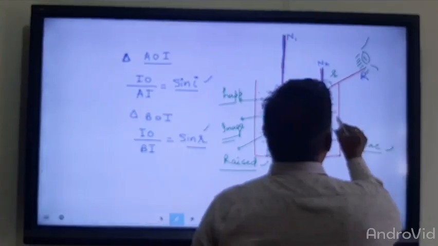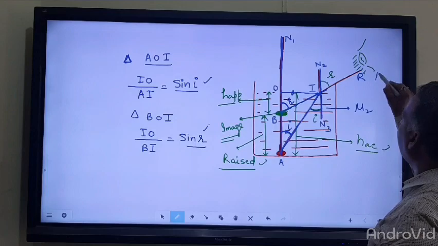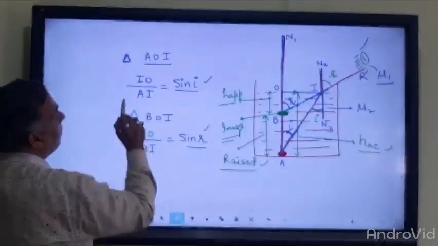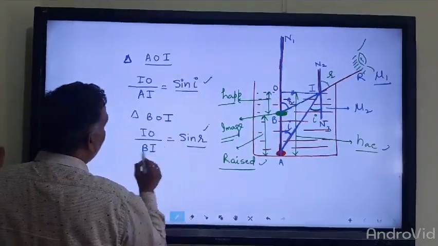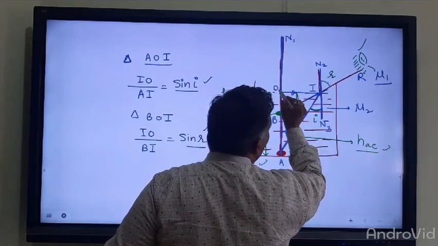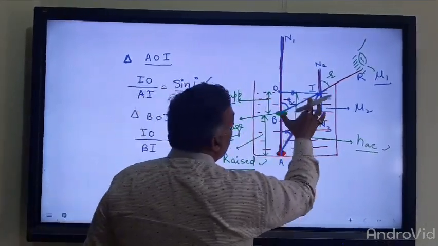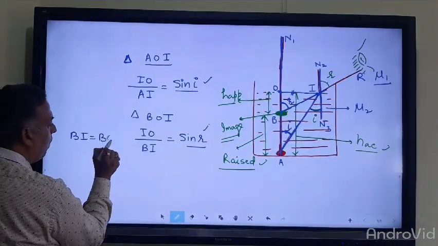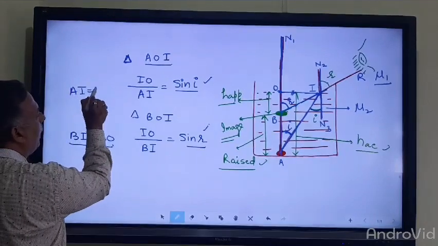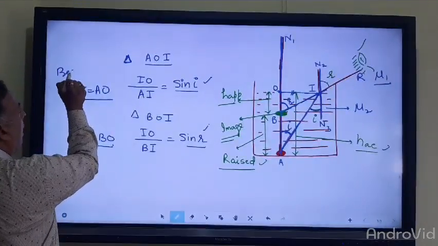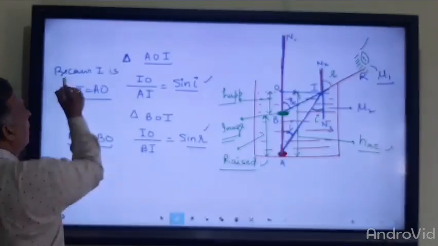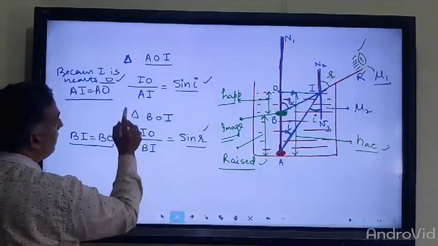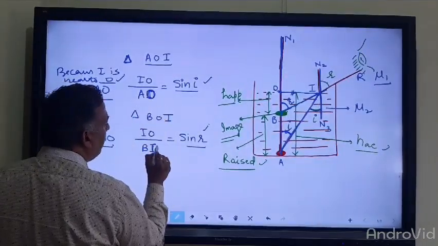Here this is the denser one and this was the rarer. The point I is very near to O, so BI can be equal to BO, and AI can be equal to AO, because I is near to O. So instead of AI it's AO and instead of BI it's BO.